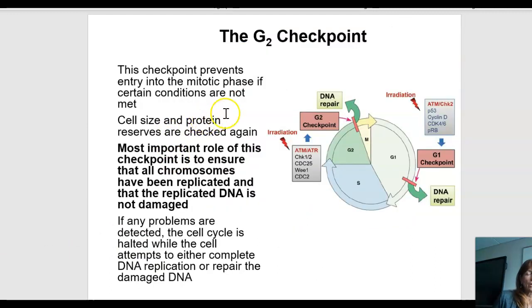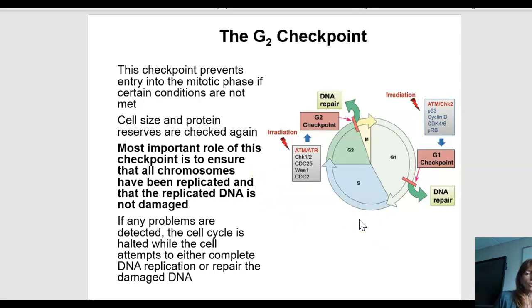So let's start with this. Well, actually we're not starting, we already did G1 a little bit, but we're going to go back to that. The G2 checkpoint is the one that is going to be sure that there's no major problem in the replicating of that new DNA. So this is really important. We want to be sure that we have the right number of chromosomes, that all the chromosomes are correctly made, the copies of those chromosomes.